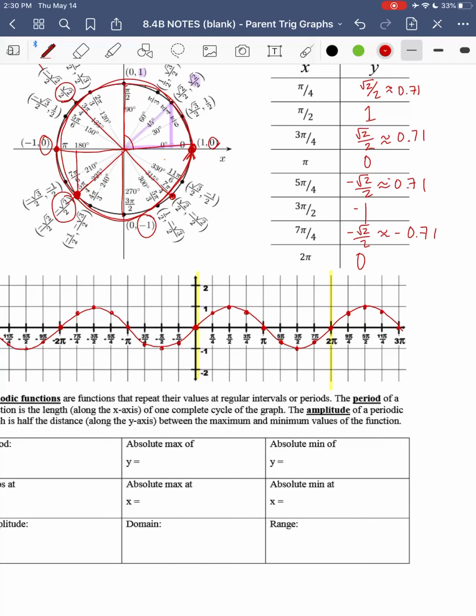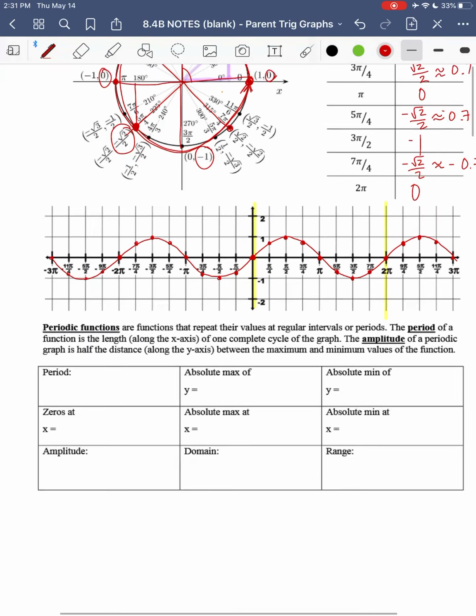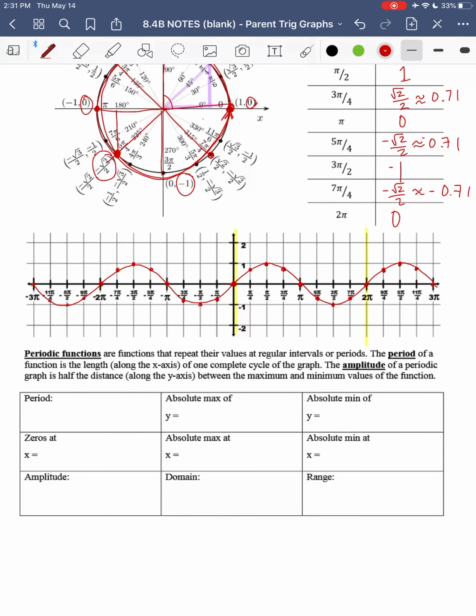There are a couple of things that we wanted to point out right here, like the max value and the min value, and we're going to write those in down here. So it says periodic functions are functions that repeat their values at regular intervals or periods. We talked about that last lesson. The period of a function is the length along the x-axis. So it's like how much time of one complete cycle of the graph.